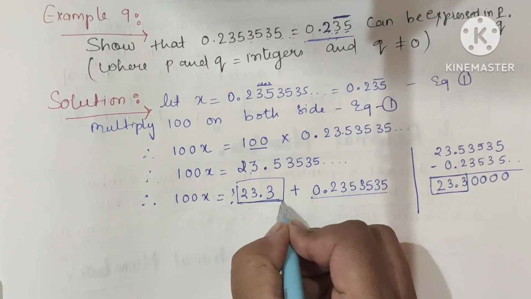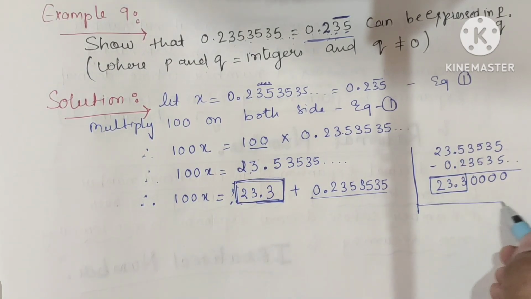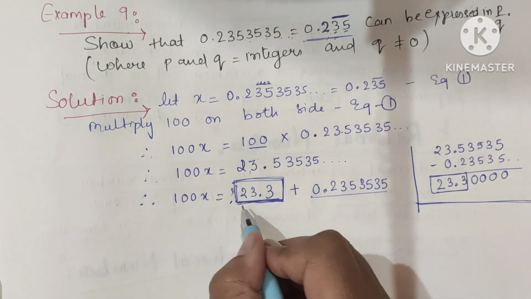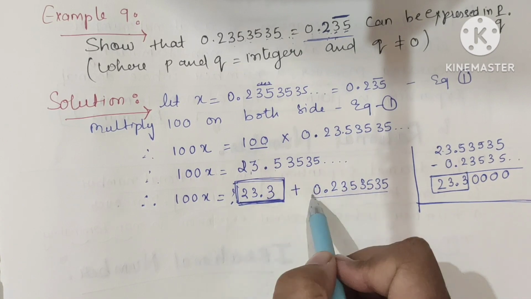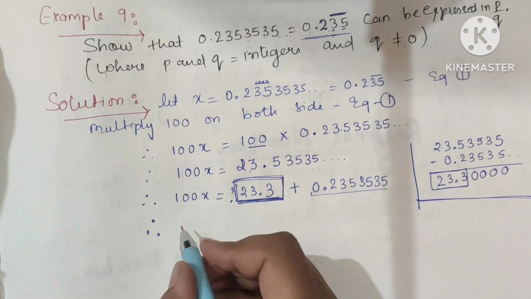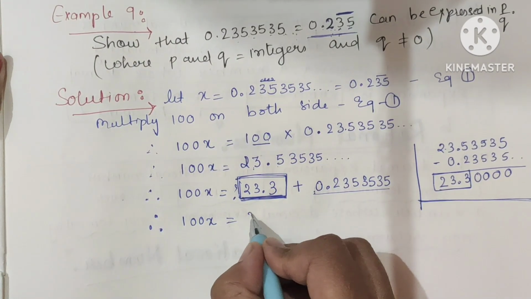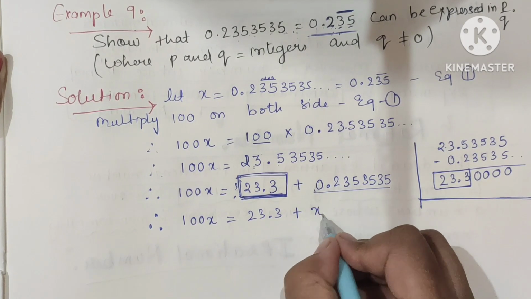This will make it easy to fetch this number. Always do this calculation. Just keep it blank and then minus this number from this. Therefore, now 100x is equal to 23.3 plus x.